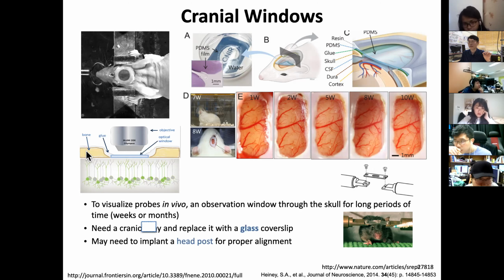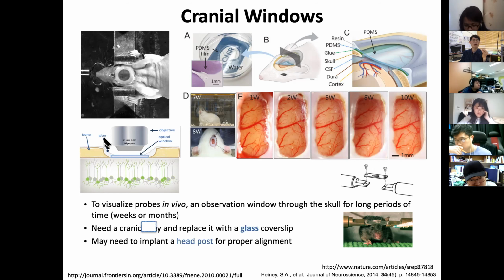So you have this bone, you have a craniotomy, and you have to have something transparent to replace the skull. For example, you can have an optical window, but you have to fix it, so you need to use a specific glue.